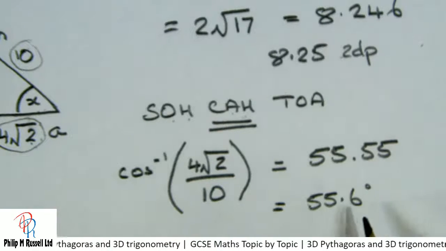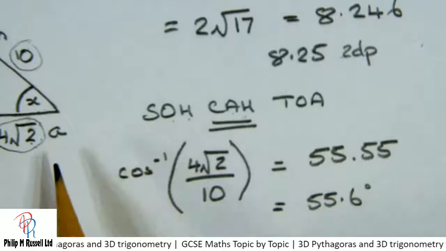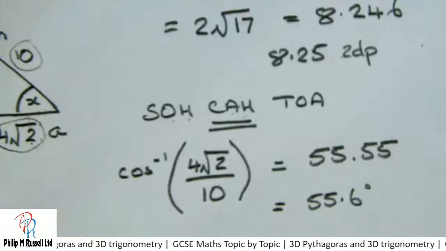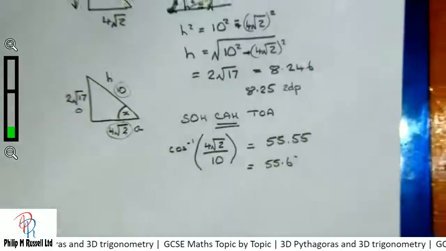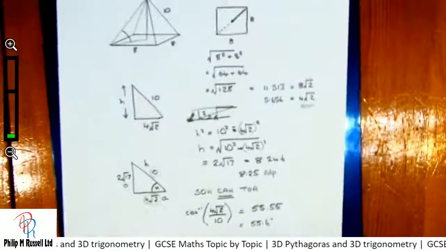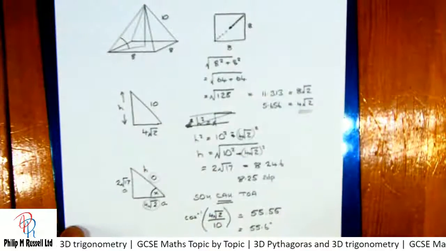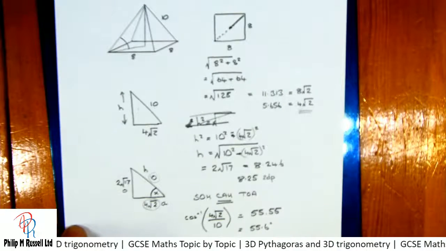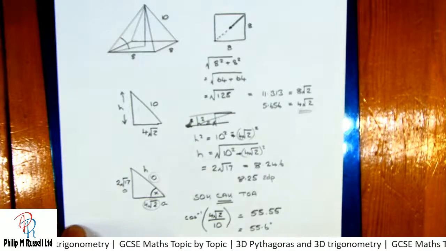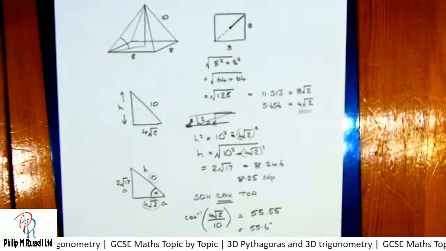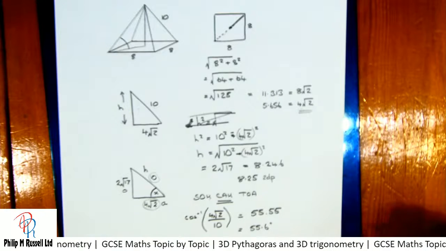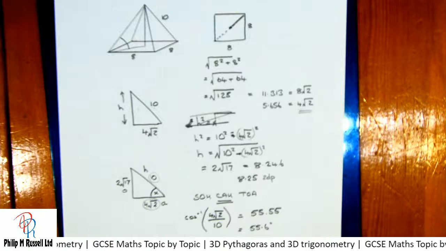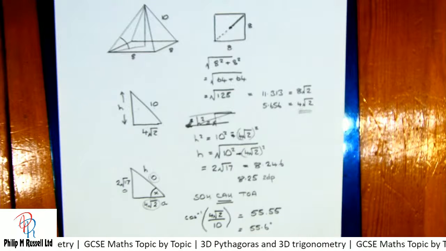So I can work out angles by using simply some trigonometry and some Pythagoras. So that gives us a couple of different problems that we usually need to sort of solve.